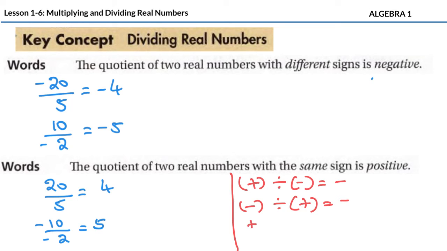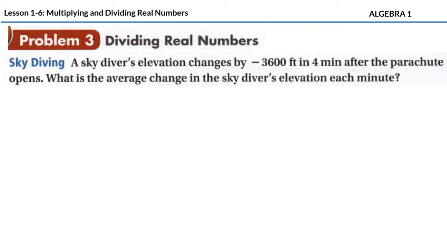A positive number divided by another positive number, the quotient will always be positive. A negative number divided by a negative number, the quotient will always be positive. Summary of the concept.